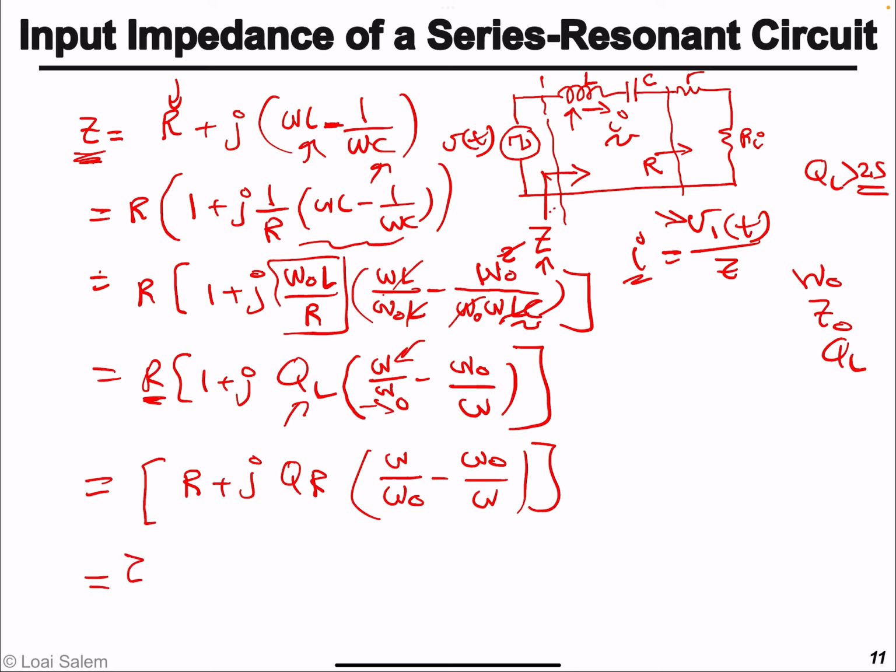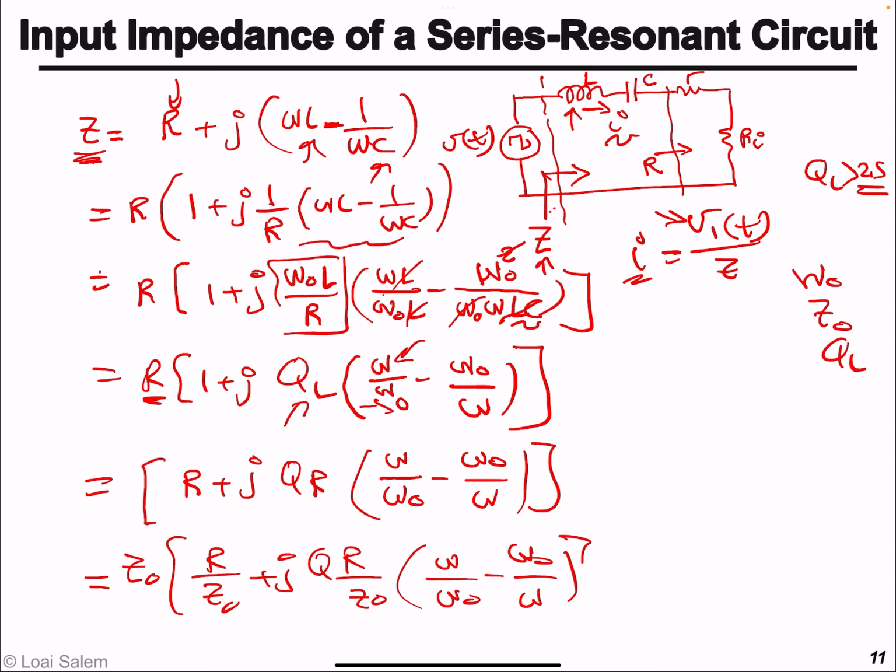If we take Z naught as a common factor, we divide the first term by Z naught, giving R divided by Z naught, and then we have omega over omega naught minus omega naught over omega.